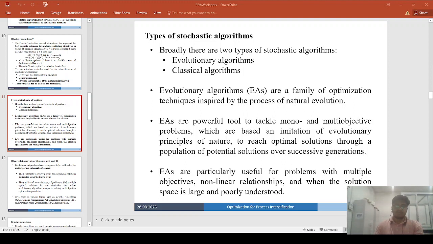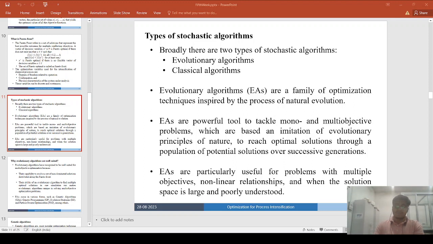Now, what are the differences between the evolutionary algorithms and the classical methods? The evolutionary algorithm considers a set of solutions instead of a single one.